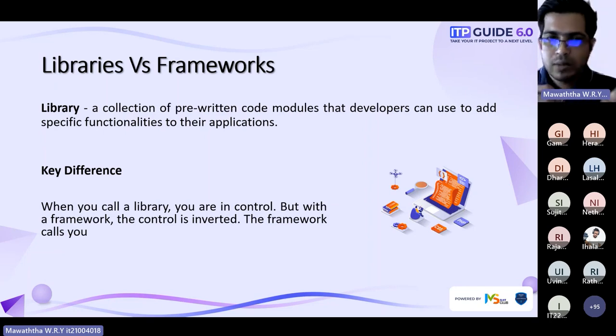You already have a home, but you need some help with the furniture. You don't feel like building a table or a chair from scratch on your own. So the furniture store allows you to buy the specific furniture you need according to your requirements for your home. As a conclusion, when you are using a library, you are in control of the scenario.